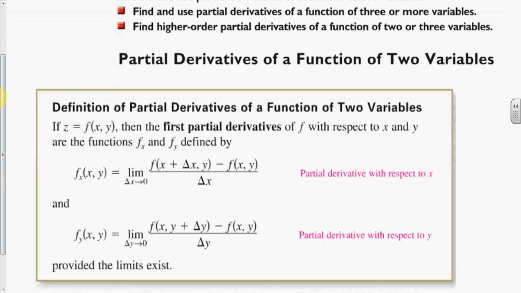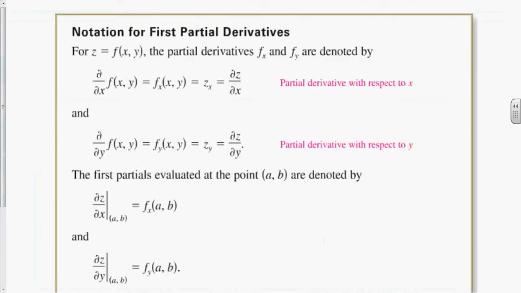Well, we can take that definition for the partial derivatives, and we can work some problems making use of that. Here on this page, it's just some notations that we use for the partial derivative.